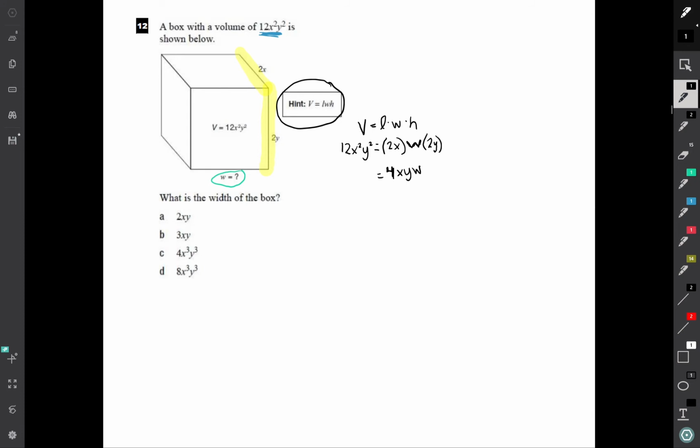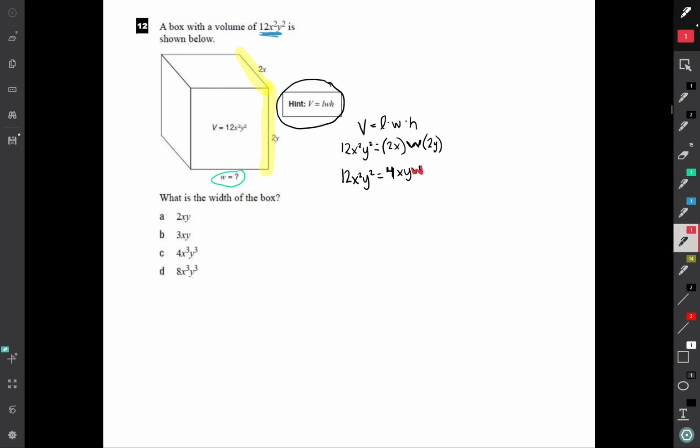Is equal to 12x squared y squared. All right, so I want to figure out what the width is. This is what I'm trying to do. That's my unknown. So what I have to do is solve the equation for W, or in other words, isolate W. Get W alone.